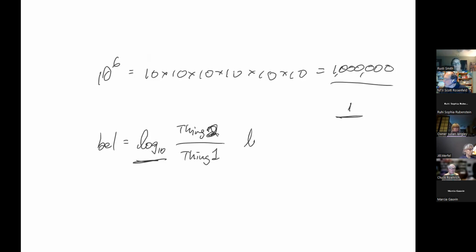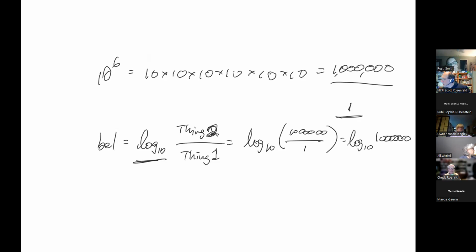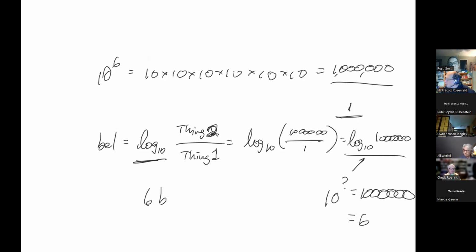So we can write this as log base 10 of a million divided by 1, which is log base 10 of a million. Now what we want to know is, log, that means to what power does 10 have to be raised to get a million? That would be 6. So that would be 6 bells.